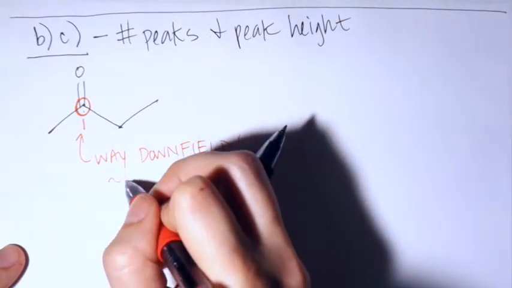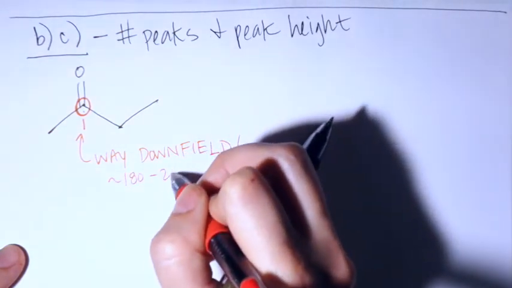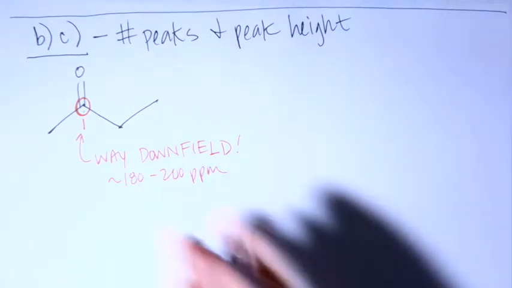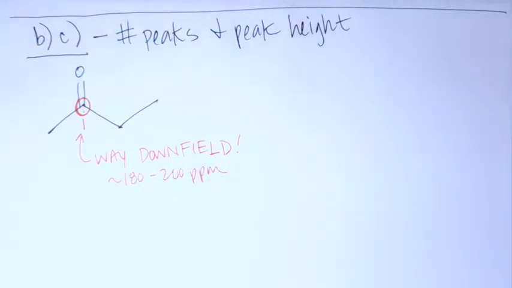We would expect it around 180 to 200 ppm. The exact number doesn't really matter, but it's way downfield, and nothing else shows up down there other than carbonyl carbons for the most part.